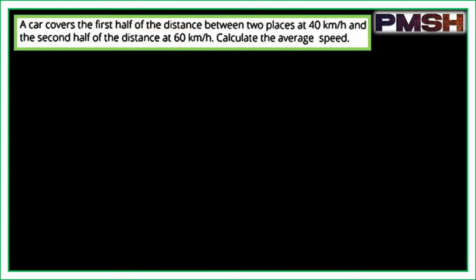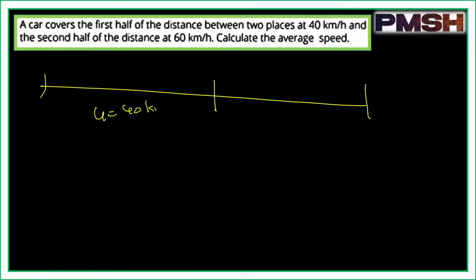A car covers the first half of the distance between two places at 40 km per hour. So there is a total distance, and half of that with a speed of 40 km per hour, and the second half with a speed of 60 km per hour. You have to calculate the average speed.